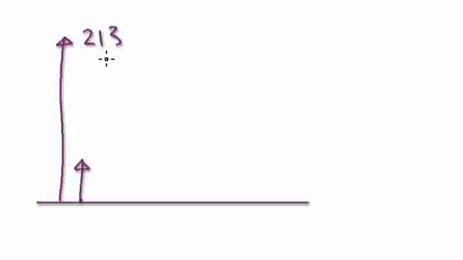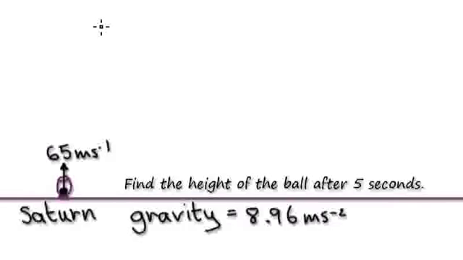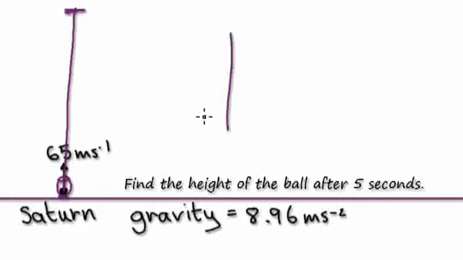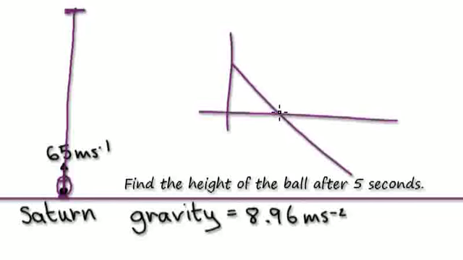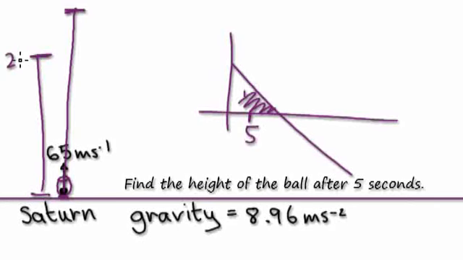Sorry, I'm confusing you. The maximum height is this bigger area, but what we've just worked out is that after 5 seconds, it will be 213 meters. So 213 meters would be your answer after 5 seconds. Okay?